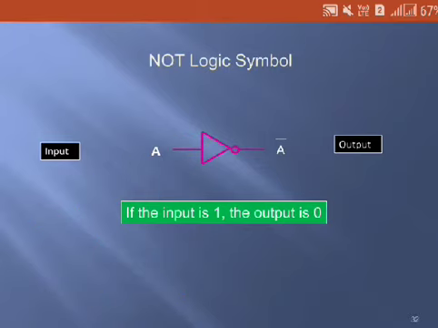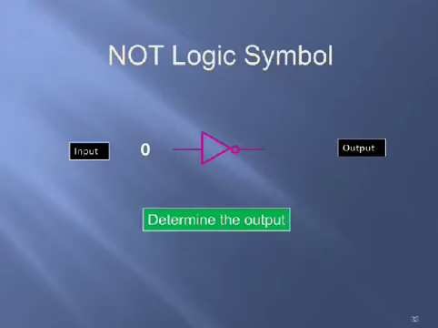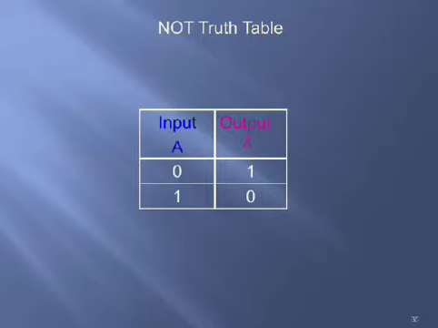If the input is 1, you will be getting the output as 0. If the input is 0, you will be getting the output as 1. And this is the truth table for input A: for input 0 you get output 1, and for input 1 you get output 0.